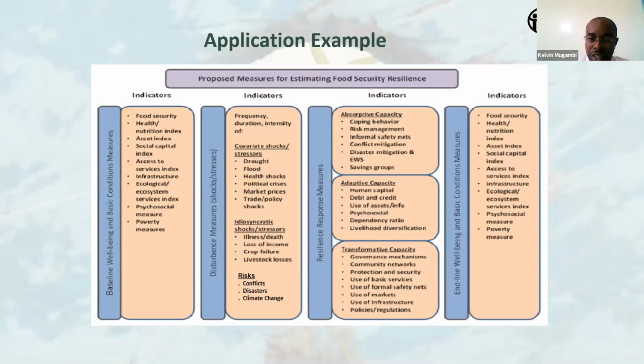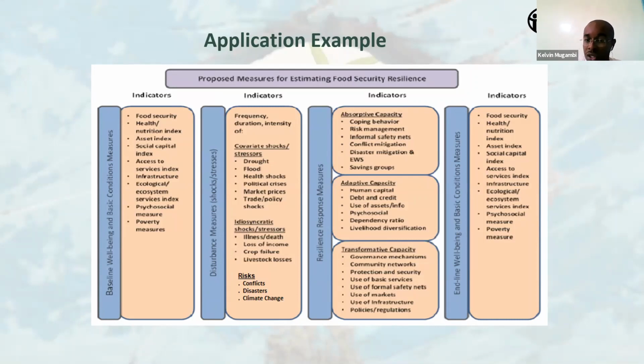So the third indicator that we ought to look at in our projects during monitoring and evaluation is the transformative capacities. This is the long term, where we look at the governance mechanism in the area of implementation.